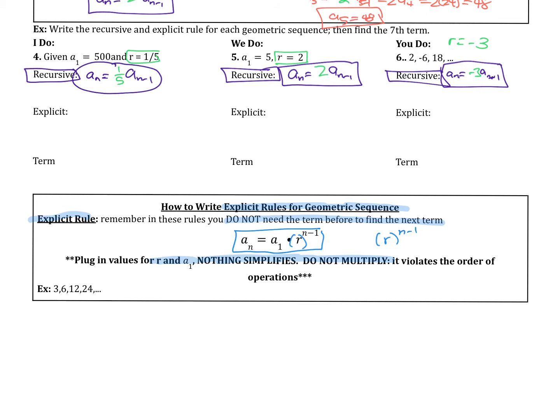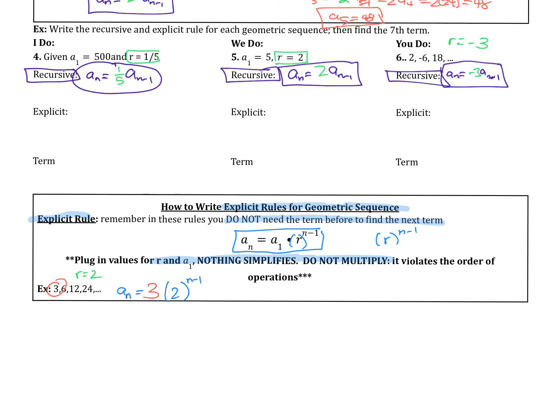So let's go ahead and do a practice sequence down here. We're going to start by identifying what our common ratio is. To get from 3 to 6 to 12 to 24, that ratio is 2. This is the same example that's in that upper box. So we can say that a sub n equals the first term, which is 3, times 2 to the power of n minus 1.